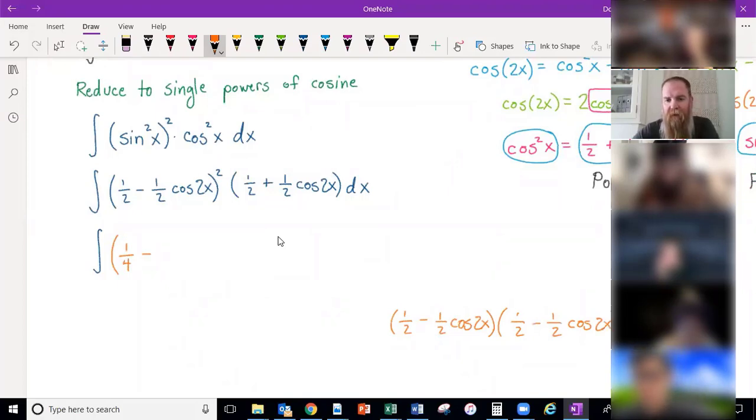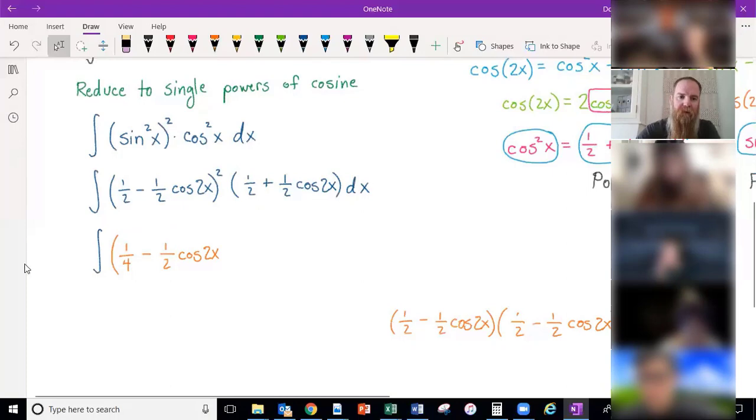All right, so when I distribute here, I get 1/4 minus 1/4 cosine 2x minus another 1/4 cosine 2x, which is minus 2/4 cosine of 2x. So that's minus 1/2 cosine 2x. You really have to concentrate on your fractions when you're expanding.